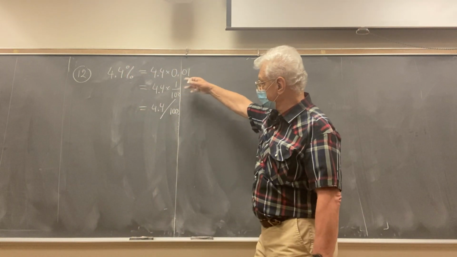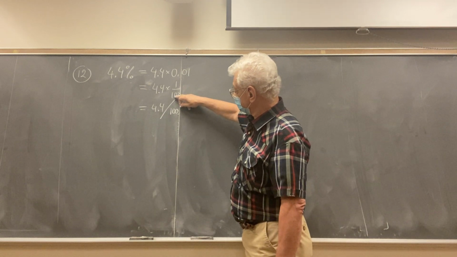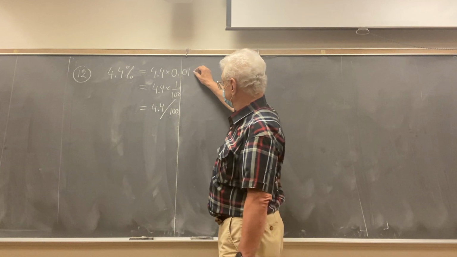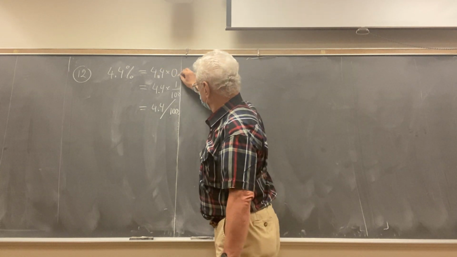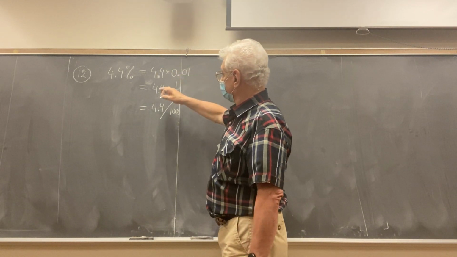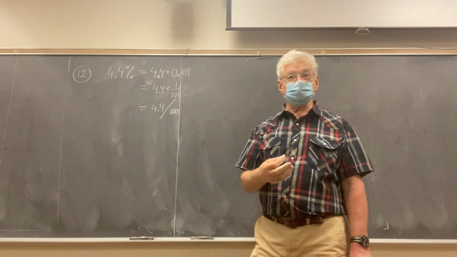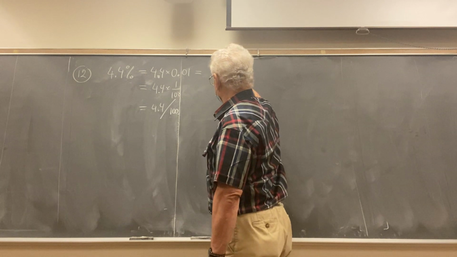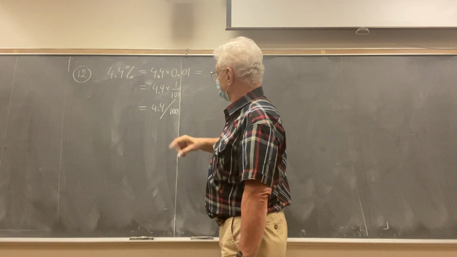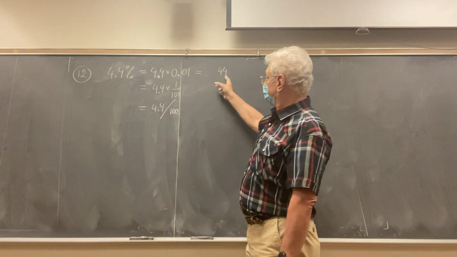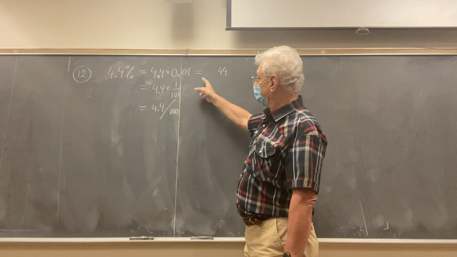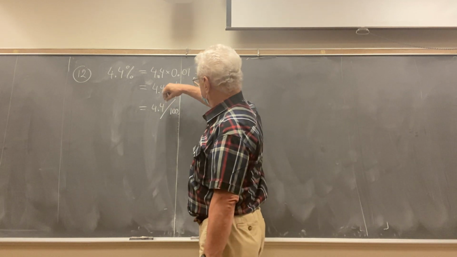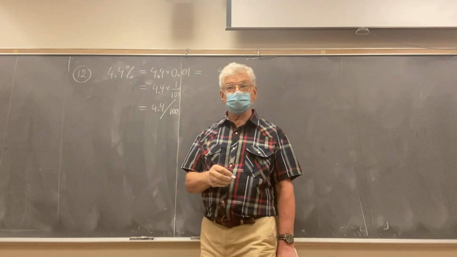When you multiply by a fraction, you use the 100 as a denominator. So how to do it? Forget the decimal point; you multiply by 1. It will be the same, 44. Okay, let's write 44. But after that you have to find the correct decimal point. You see there are two decimal positions here and one here, total is 3.